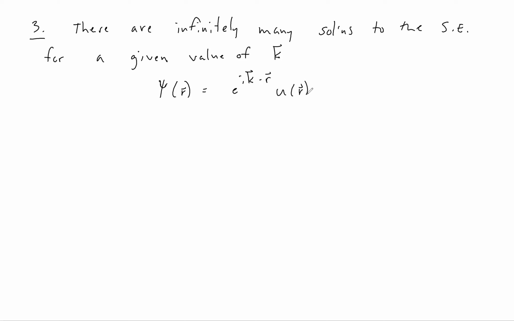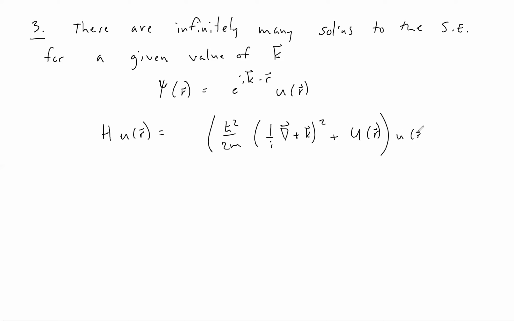If we demand that this satisfies the Schrodinger equation, we can say that H acting on u is equal to ħ²/2m times (1/i ∇ + k)² plus the potential U, acting on little u of r, is equal to the eigenvalue E times u of r.